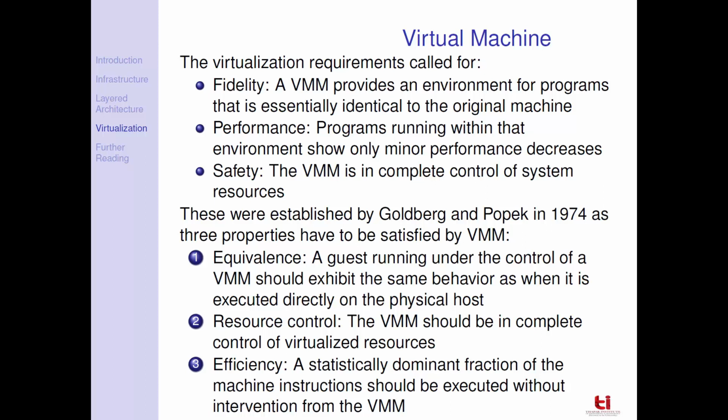Third is efficiency. So let us see this. It says that a statistically dominant fraction of machine instructions should be executed without intervention from the virtual machine monitor. Let us understand what this means. The machine instructions are broadly classified into two classes: non-privileged instructions and privileged instructions.